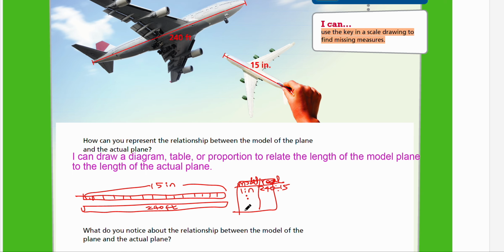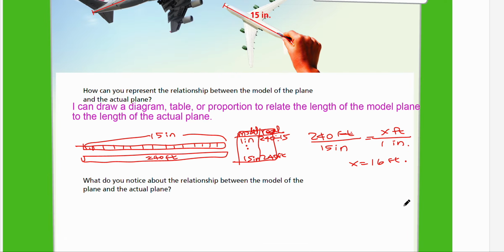And then dot dot dot, you have 15 inches, which is proportional to 240 feet, and so on. You can also represent it through a proportion. 240 feet over 15 inches will equal x feet per 1 inch, and we can solve for x. So 1 inch on the model represents 16 feet on the actual plane, so x is 16 feet.